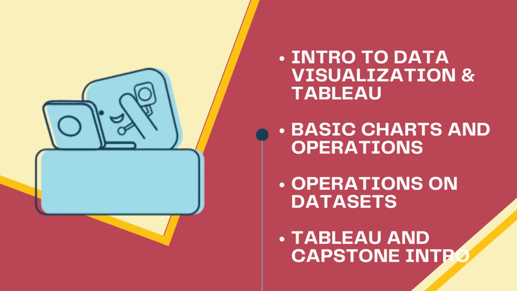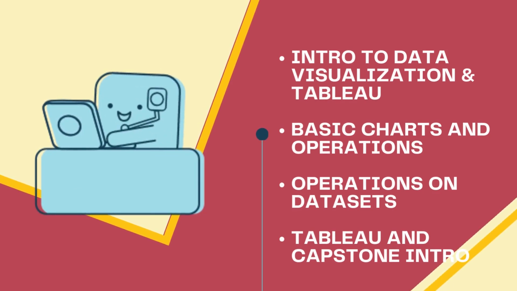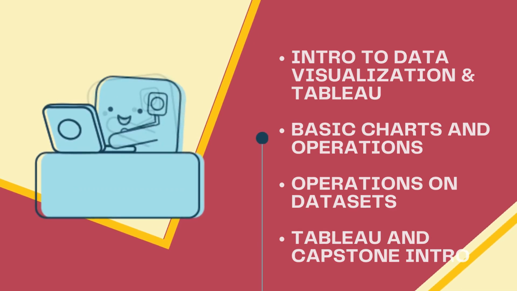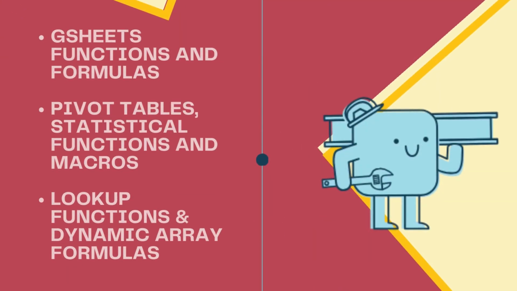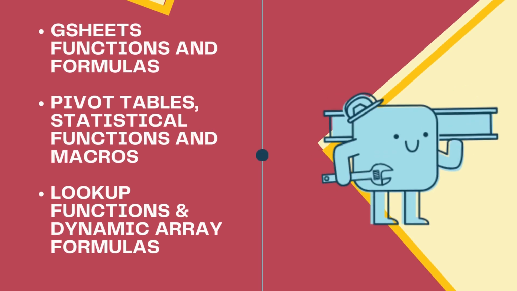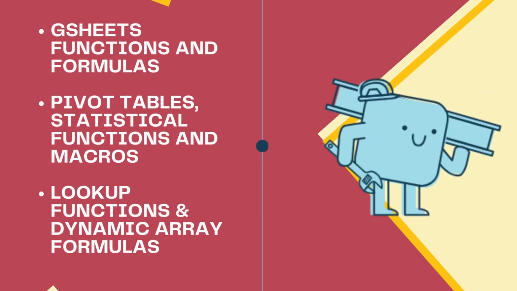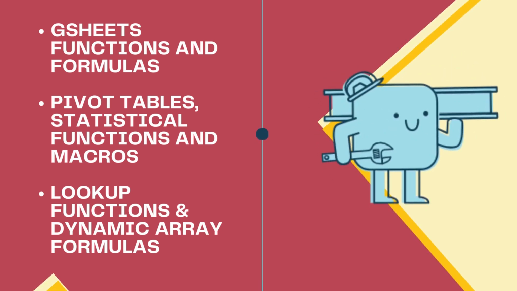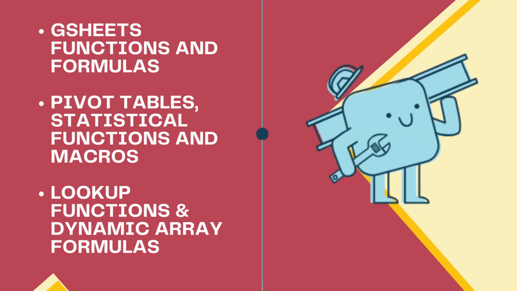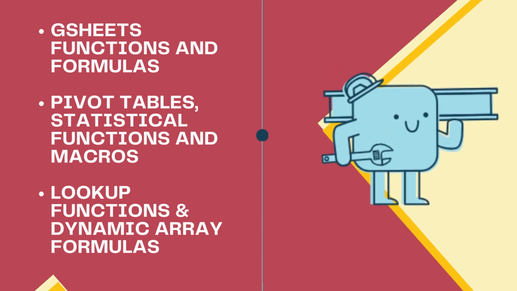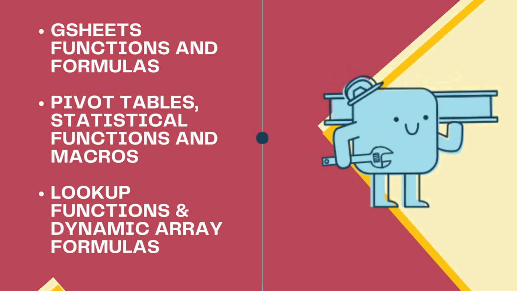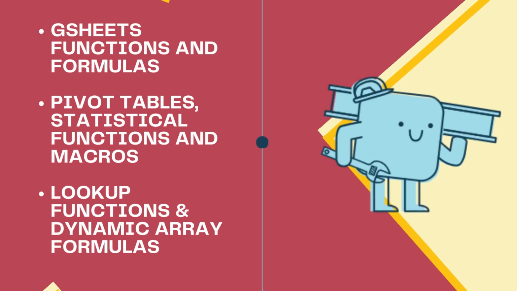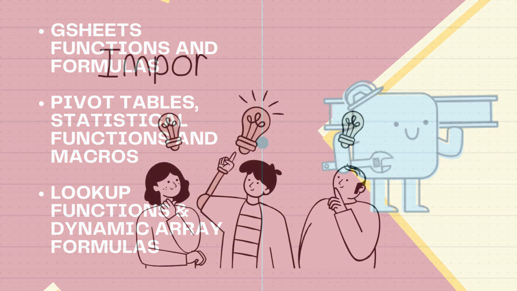We will explore an intro to data visualization, basic charts, data set operations, Google Sheet formulas and functions, pivot tables, lookup and dynamic arrays, and Tableau basics with a capstone project to tie everything together. In this module we will ensure you communicate the data insights carefully and visualize them. This is a must-have skill for today's world of AI and ML.